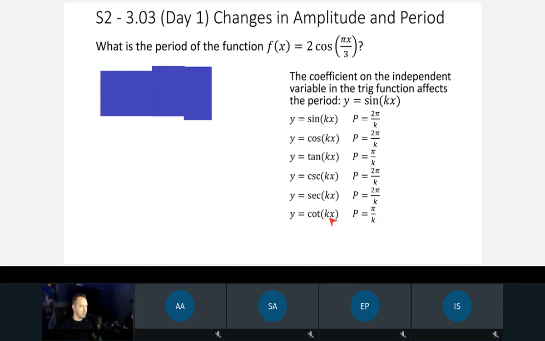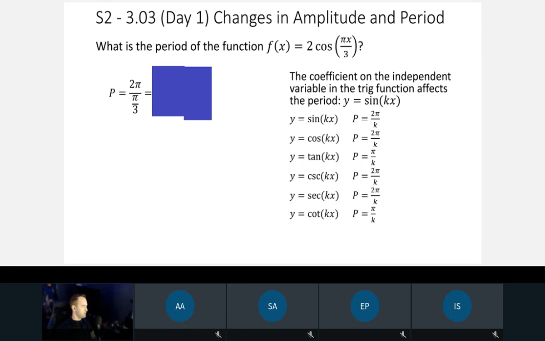So on your final, make sure you are aware that tangent and cotangent have a different formula. That is a good way to miss this problem, if you just assume it's 2 pi over k. Oh, and then, yeah.